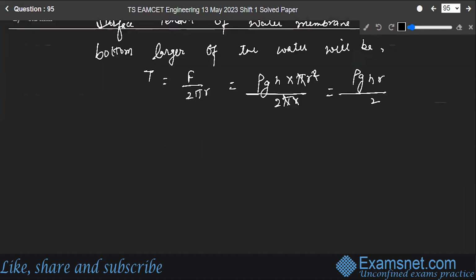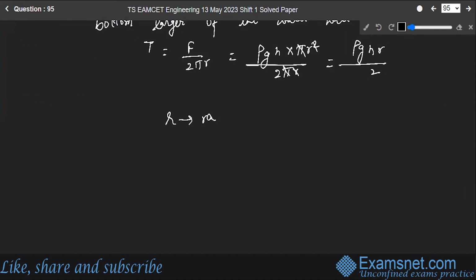Now, here r is radius of the hole. So r is equal to 2T upon rho g h.